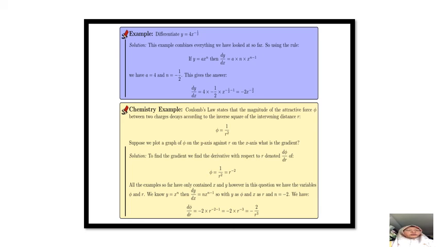We know y equal to x power of n, and then dy over dx equal to n times x power of n minus 1. So with y as attraction force and x as distance, which is r, and n equal to negative 2, we have dF over dr equal to negative 2 times r power of negative 2 minus 1, and we will get the answer negative 2 over r power of 3.